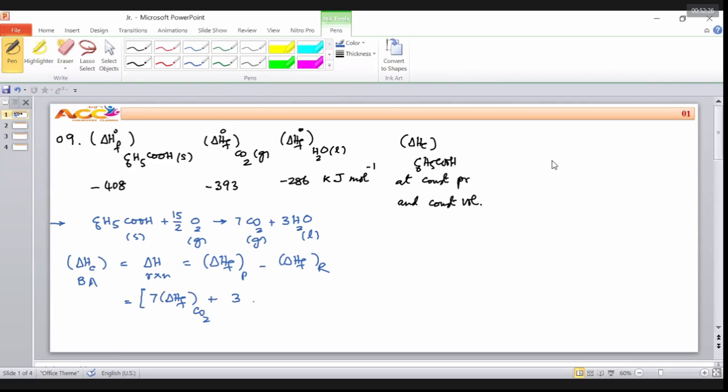plus 3 times enthalpy of formation of, what is that? Water minus 1 time enthalpy of formation of what? Benzoic acid plus 15 by 2 times enthalpy of formation of element.